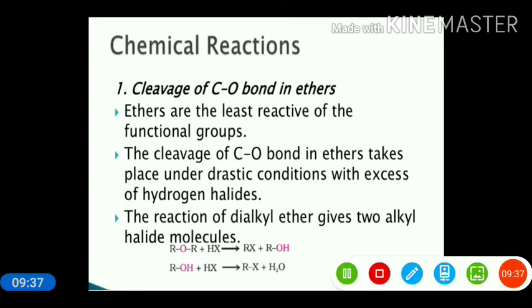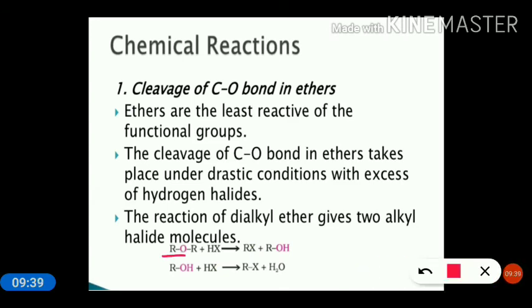ROR reacts with HX, so first of all ROH and RX will be formed. Now this ROH again reacts with HX, removal of water, and RX will be formed. So in the overall reaction there is formation of alkyl halide. This reaction you have already seen in the first chapter, methods of preparation of alkyl halide.